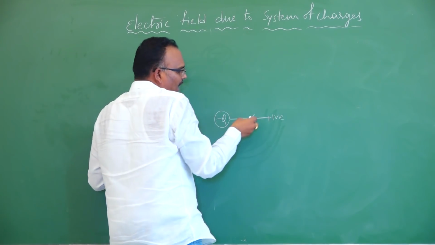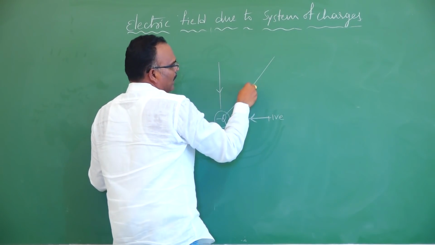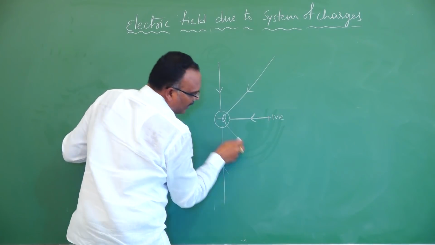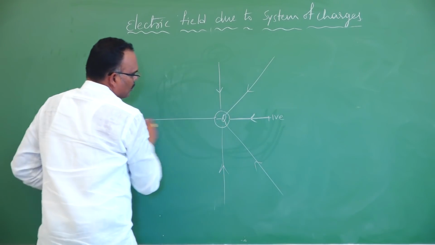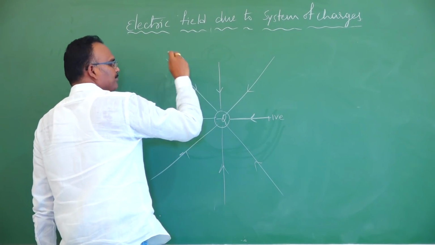Similarly for negative charge, it is radially inwards, because wherever you place a unit positive charge, it will be attracted by the negative charge. So that's why electric field lines are radially inward.